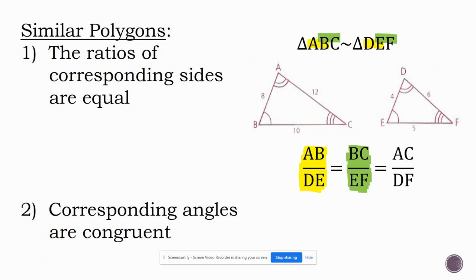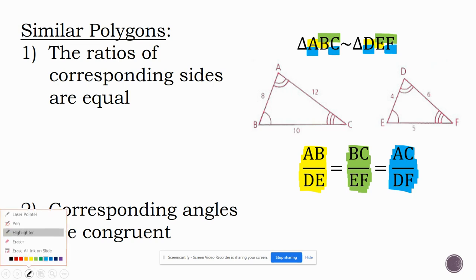If I look at the first and the last letter of the first triangle, as well as the first and the last letter of the second triangle, they create then that third and final side, which gives us our last ratio. Once again, the two letters of the first triangle go on the top.